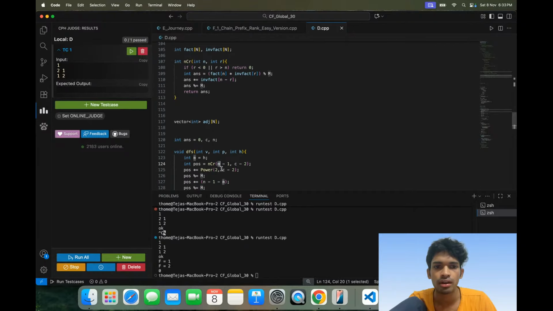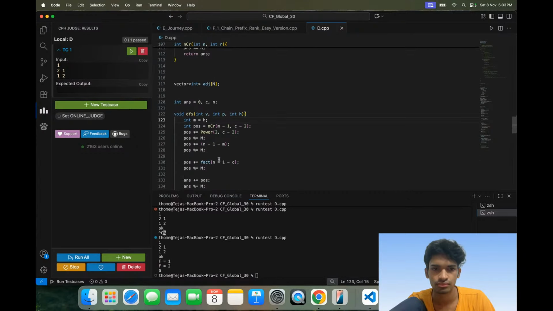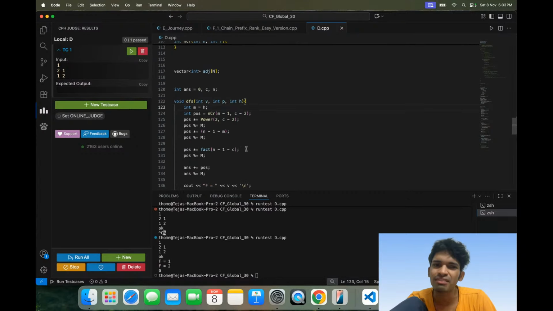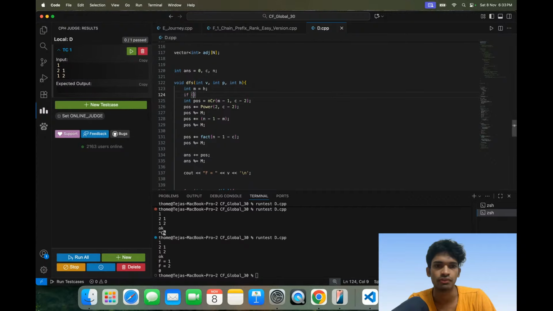If m equals to 1 seems an issue. I think m minus 1 should be greater than or equals to 0.